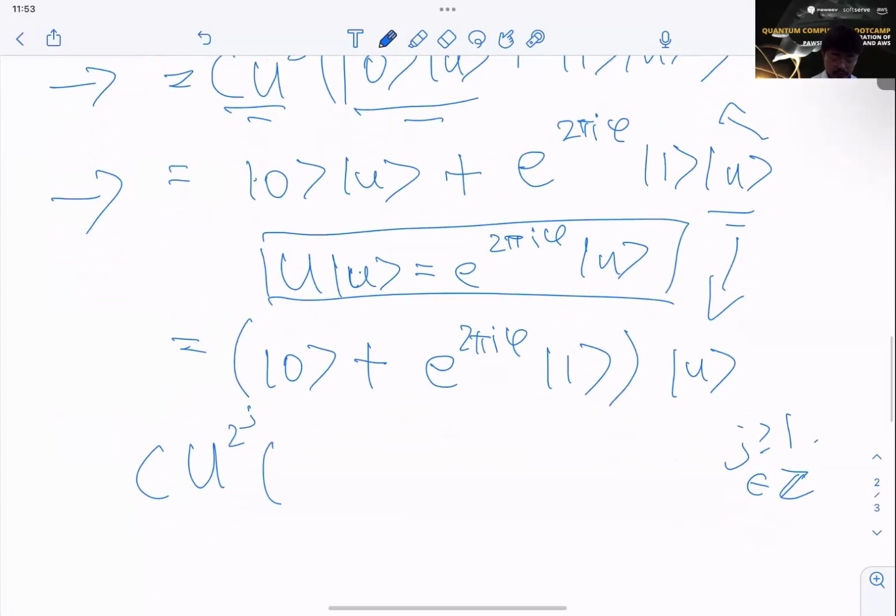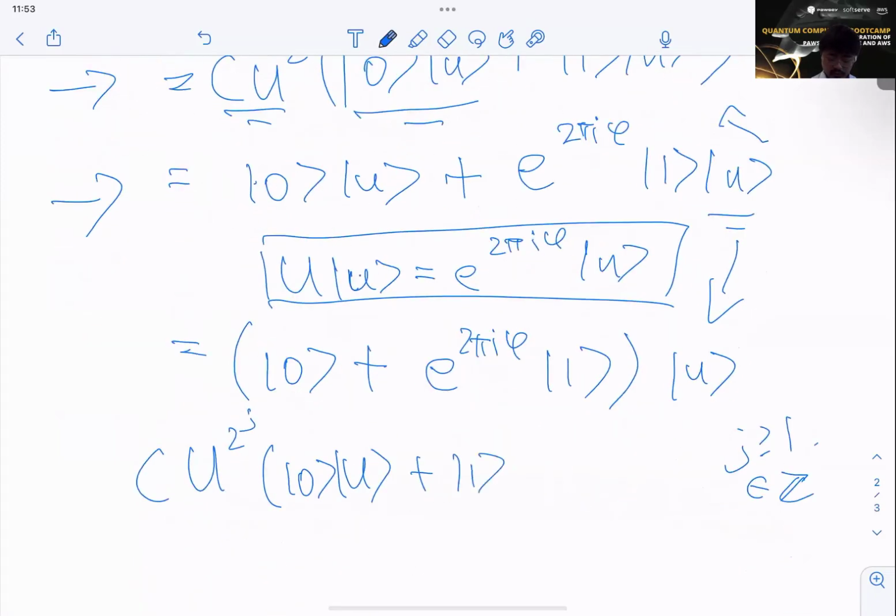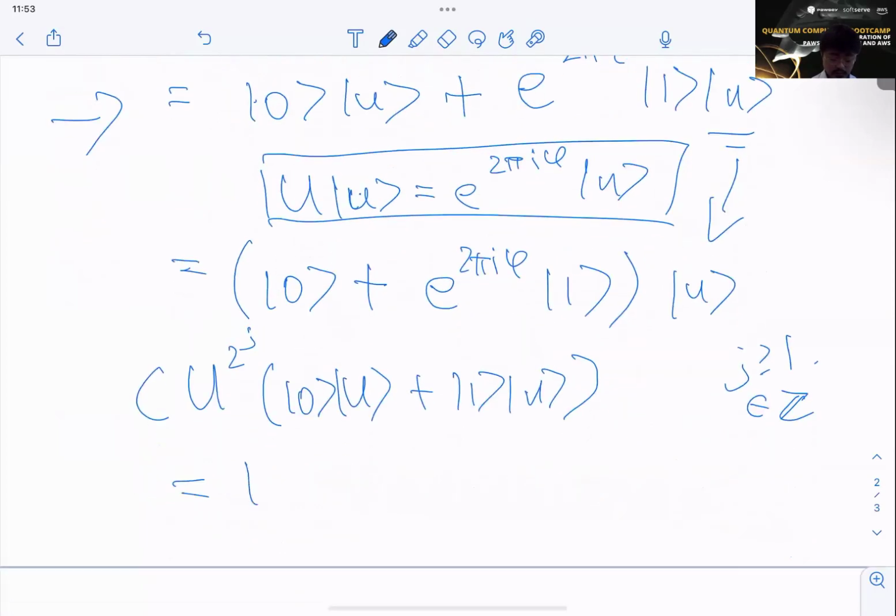And so when we apply this to here, this is really defined as us doing e to the power of 2 pi i, 2 to the power of j phi over here.